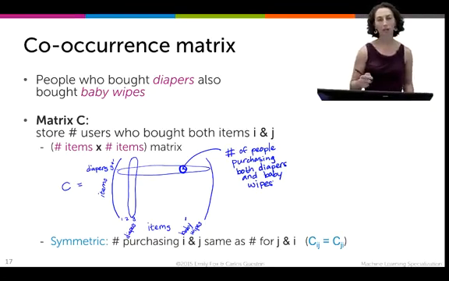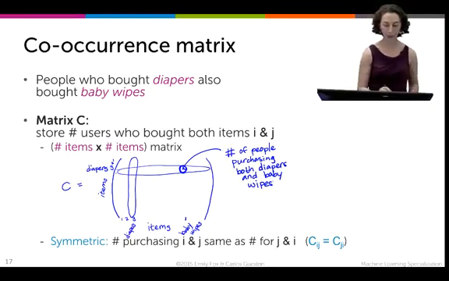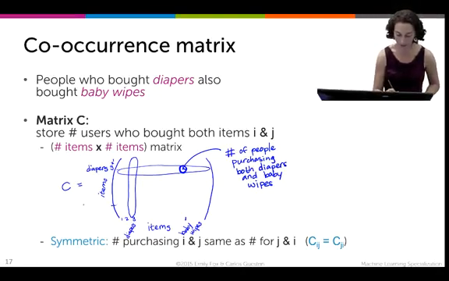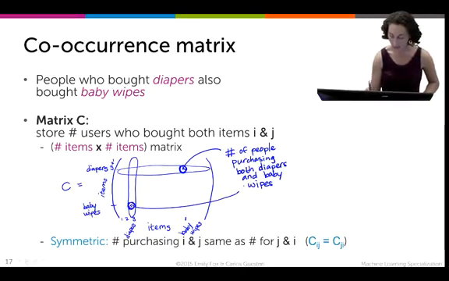Okay, well, let me ask you a question. Is the number of people who purchased diapers and baby wipes the same as the number of people who purchased baby wipes and diapers? Yes. So we would go to the baby wipes row and this diapers column, and notice that this is the exactly same number.